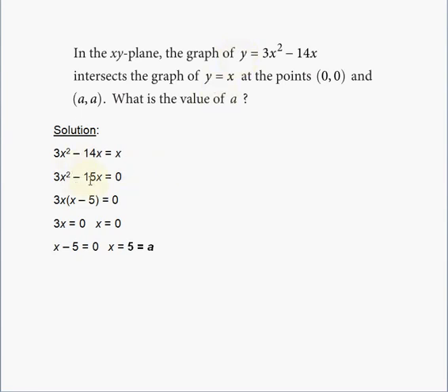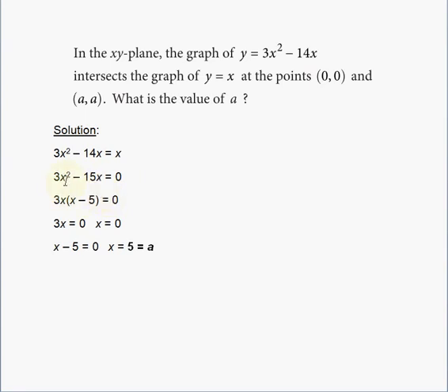So 3x squared minus 15x is equal to 0. How did I get minus 15x? I got minus 15x by subtracting the x from the right side, and on both sides of course. So I got 0 on the right side, and on the left side minus 14x minus 1x will be minus 15x, right? And then I simply factor. It's that easy.